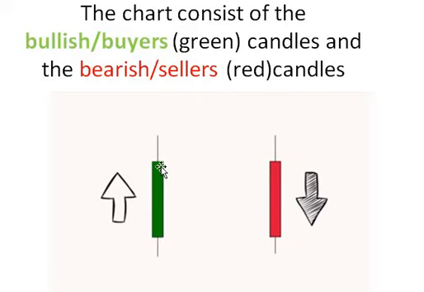In the opposite, the sellers' candle opens at the top and then closes below. The bullish candle begins below and closes at the top. For the sellers, it begins at the top and closes below.